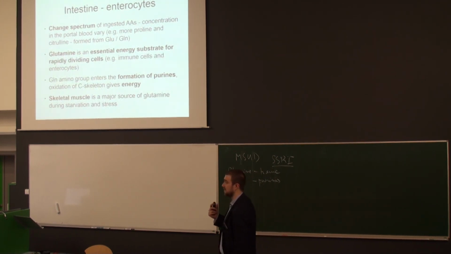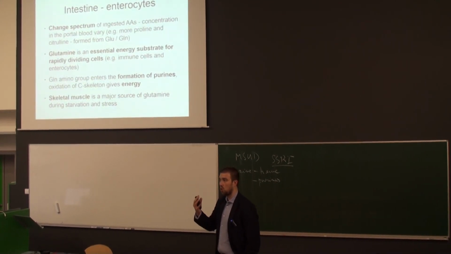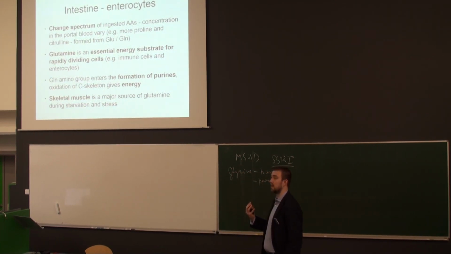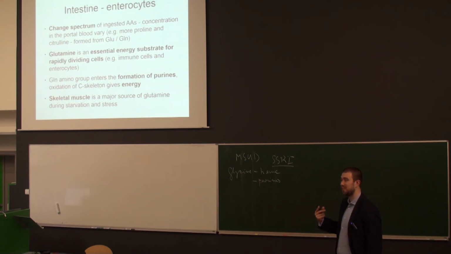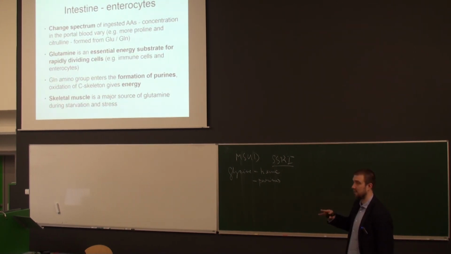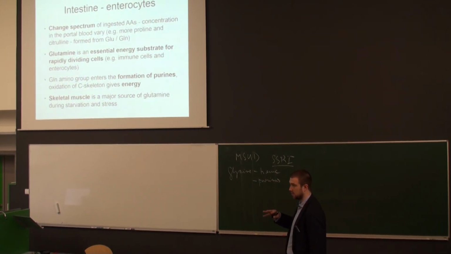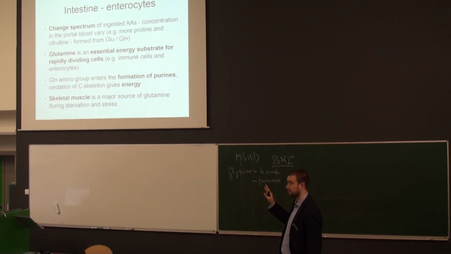For some amino acids, they really modify the composition of the amino acids from the proteins in the diet and the composition of the amino acids that they secrete into the bloodstream. So enterocytes actively modify the composition of the amino acids, and here you have some examples.